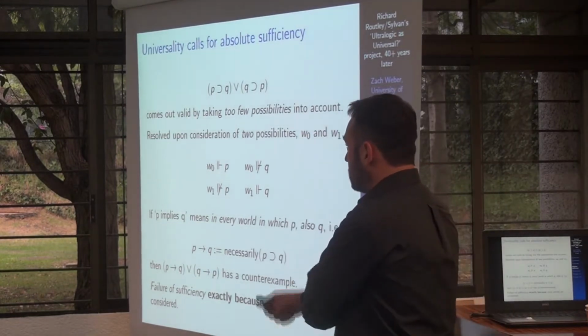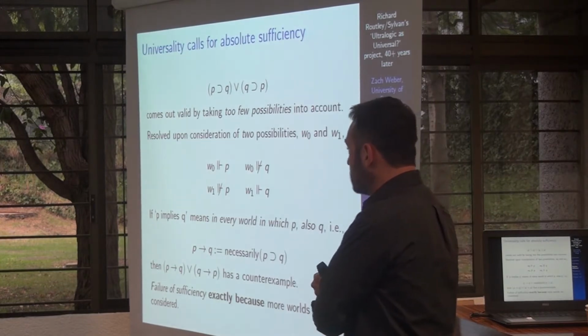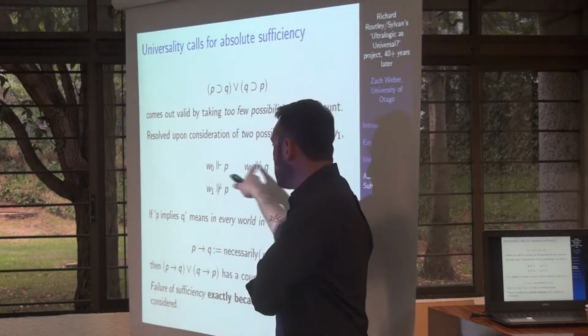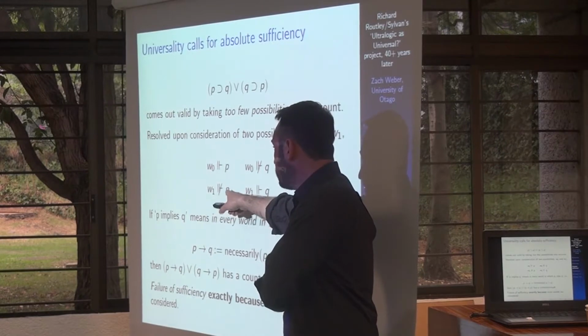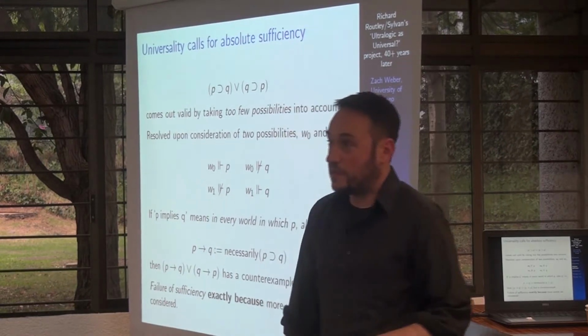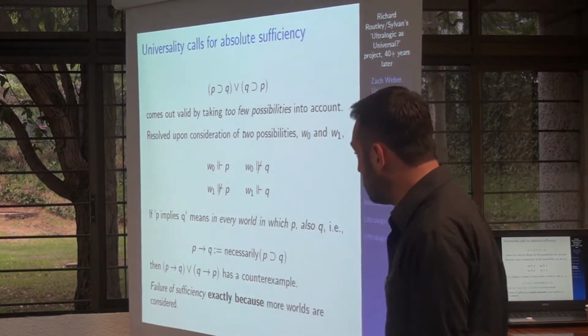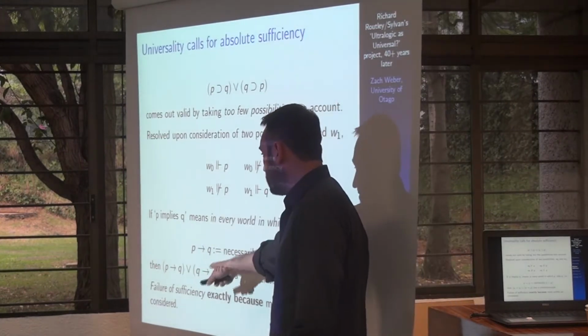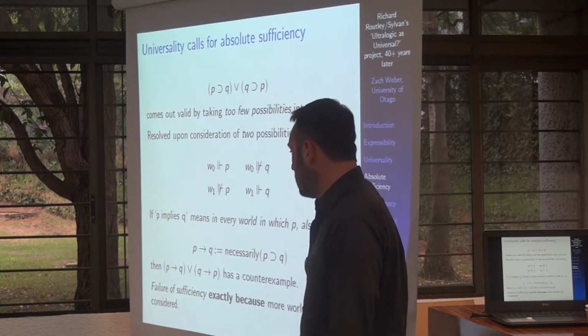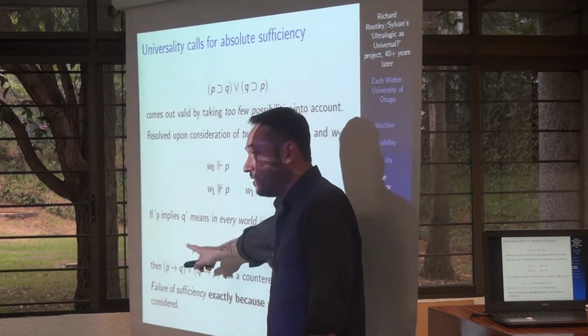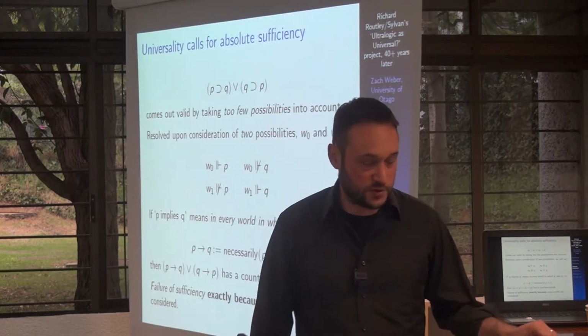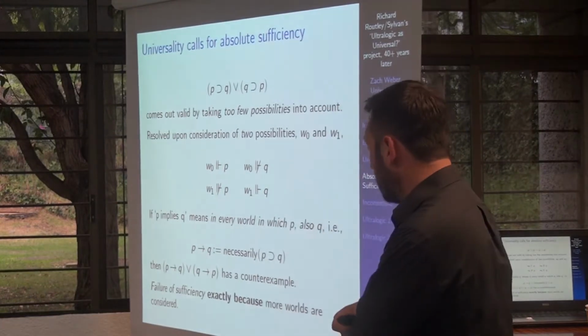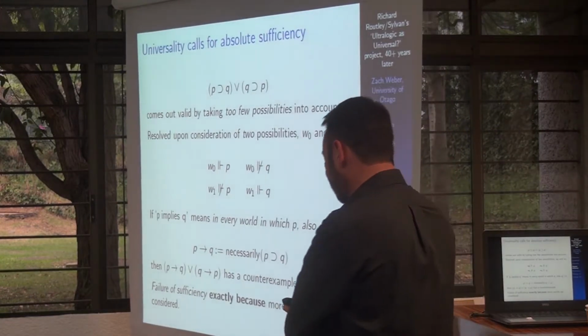So this is easily resolved by just taking two possibilities into account, one where you have P without Q and one where you have Q without P, and then neither disjunct is true, assuming that you replace the material conditional, P implies Q, with necessarily P implies Q, and we'll write that now with this symbol, which means ultramodal implication.